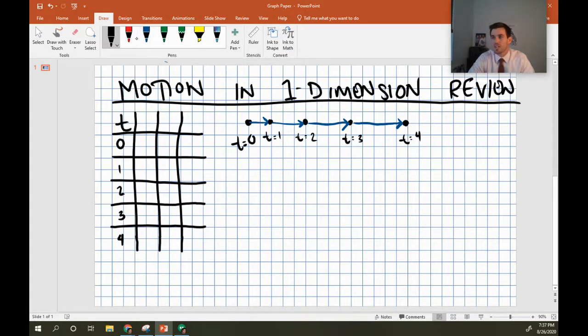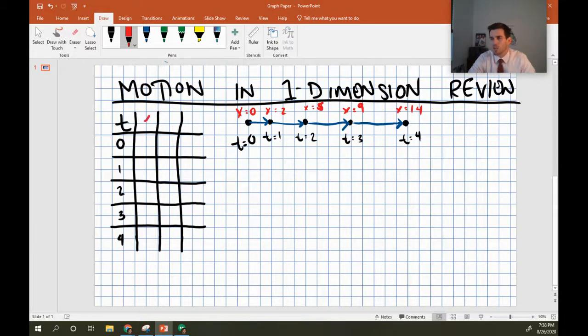We also learned that the dots, where they're placed, represent the position at those different moments. Defining our reference frame with the first dot as 0, that would be x equals 0. We'll call this x equals 2. This next one, x equals 5. This next one, x equals 9. And this last one, x equals 14. Yeah, that looks right.